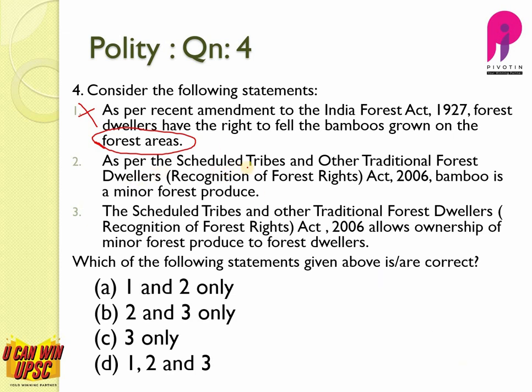So this is wrong. As per the Forest Rights Act 2006, bamboo is a minor forest produce. Yes, this is correct. The Forest Rights Act 2006 allows ownership of minor forest produce to forest dwellers. This is also correct. Hence, the answer to this question is B, 2 and 3.